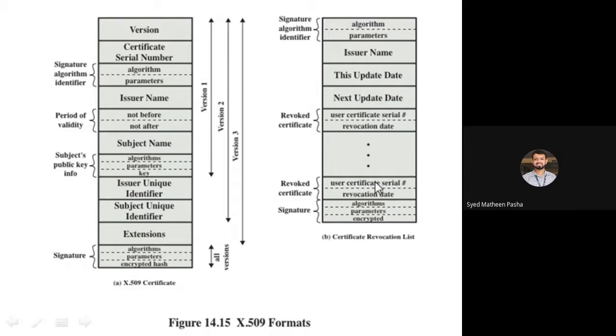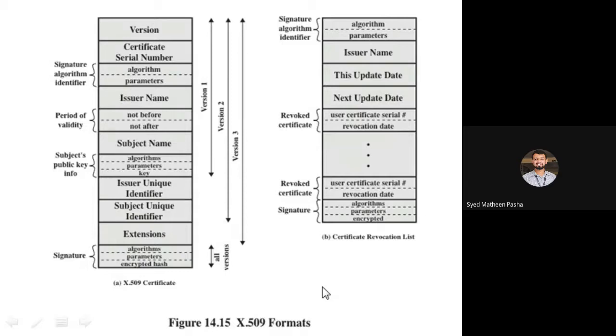So that is the one simple change between the initial format and the revocation list format. This is how your X509 certificate works and looks. In this module, we will see only the format of X509 certificates. Okay, so that was about the X509 certificate format.